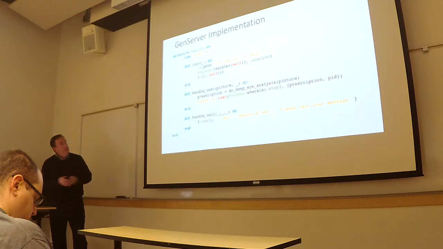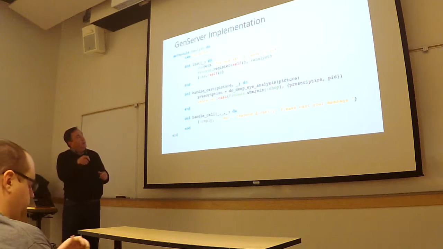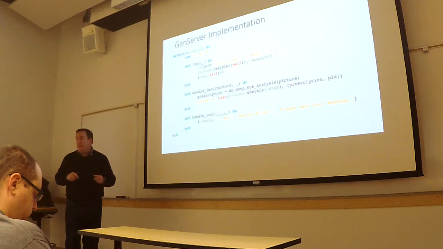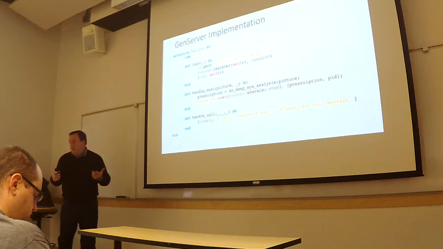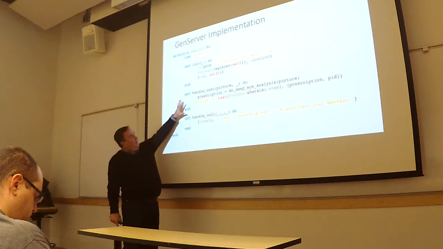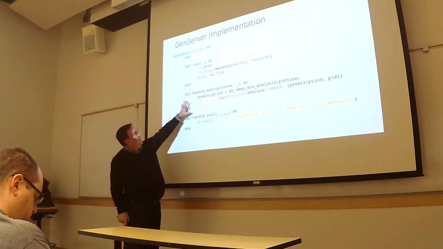So init, maybe we'll just simply put a message to some sort of log that says, all right, I'm ready to go. The first thing I do is I'm going to register myself under this name. Okay. So now I've registered with this process registry. When somebody broadcasts a message to me, I handle cast.